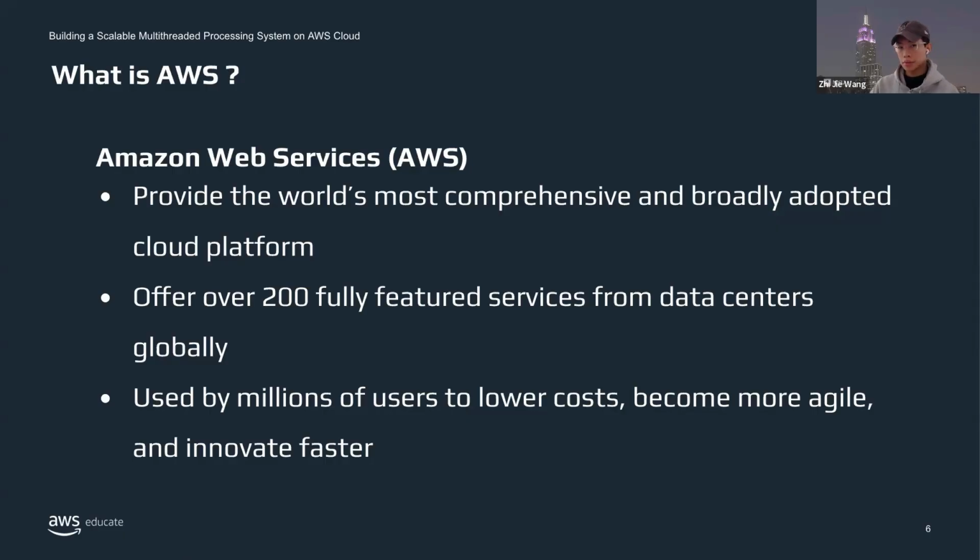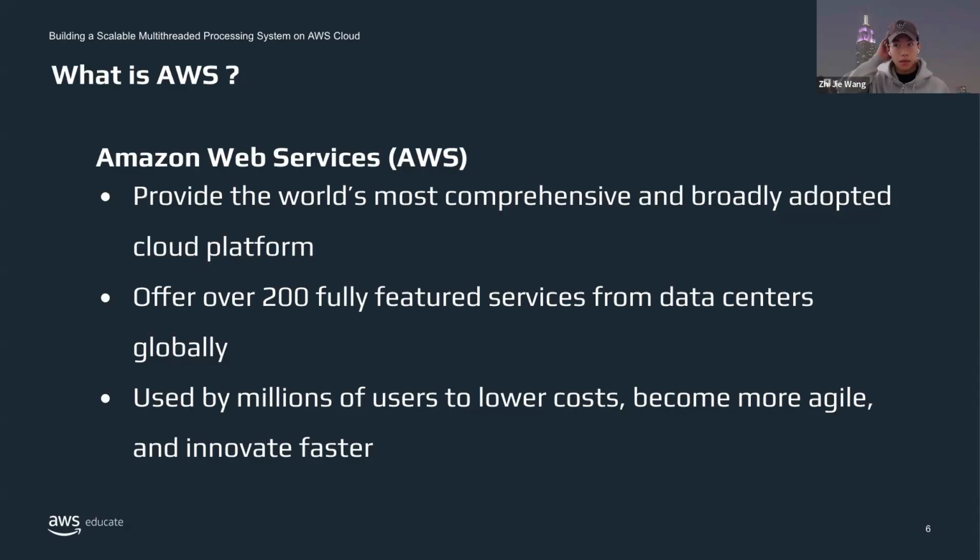This company provides the world's most comprehensive and broadly adopted cloud platform, and is also the industry leader of the cloud industry, offering over 200 different services and data centers globally, used by millions of users to lower costs, become more agile in their development process, and innovate faster.